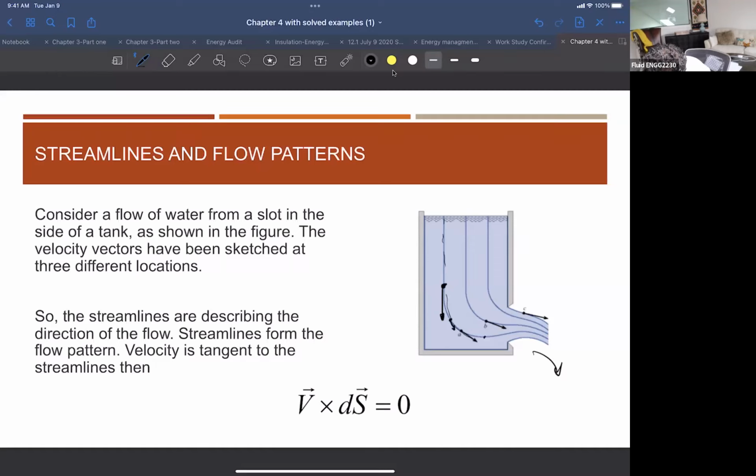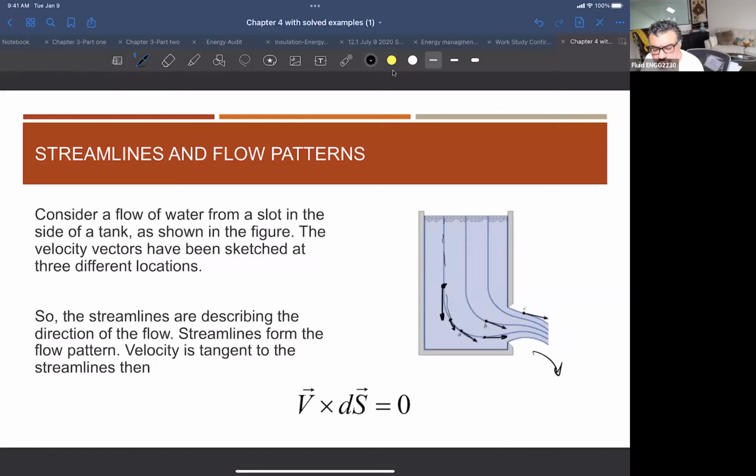This is the only definition of the streamline. At every single point you have the velocity direction, so you can plot a smooth line that is tangent to all these velocity vectors.